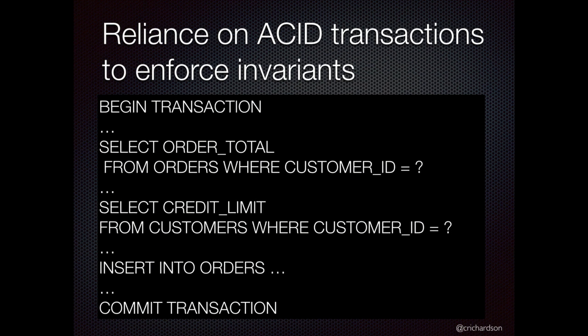What's really nice about this is that one of the key properties of ACID transactions is that if there are multiple simultaneous transactions trying to create orders for the same customer, they will be serialized. Through locking or whatever mechanism the database uses, they will be executed one after the other, and so our business rule will be maintained.